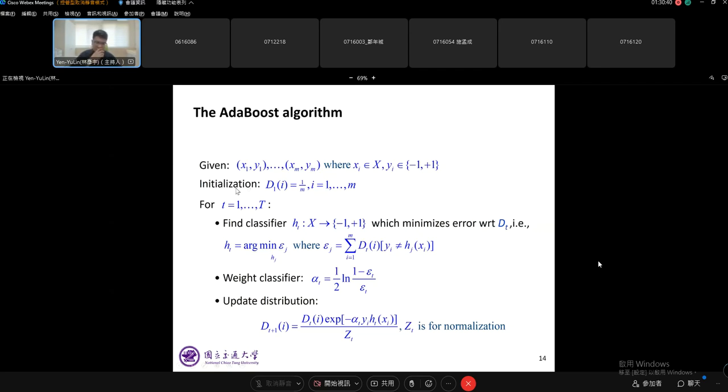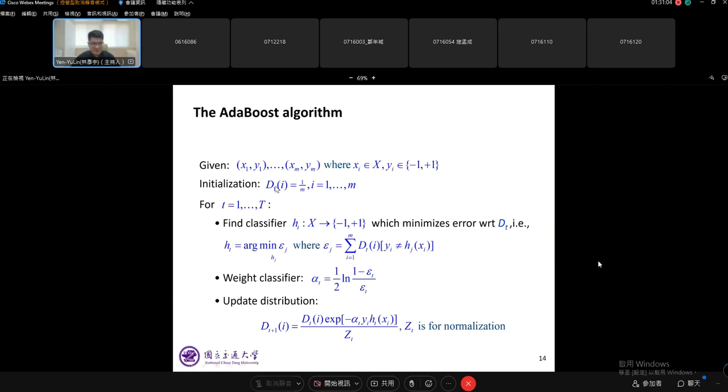As mentioned, we need to maintain a weight distribution over the training data. So let's use capital D to denote the data weight distribution. There is a subscript here. It is used to indicate the iteration.